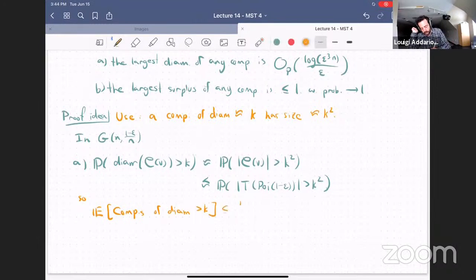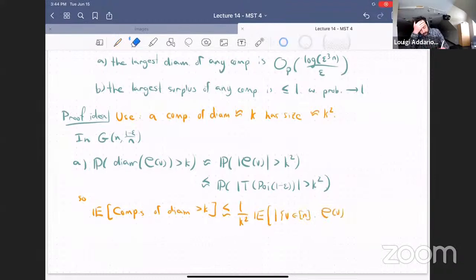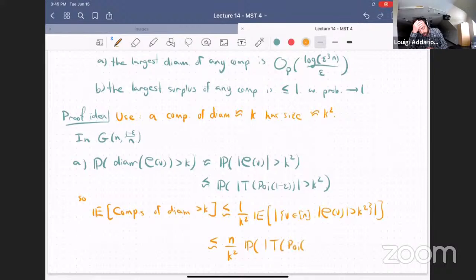So this is at most roughly 1 over k squared times the expected number of vertices that are in components of size bigger than k squared. Now our bound says that that's at most roughly, by linearity of expectation, n over k squared times the probability that one vertex is in such a large component.